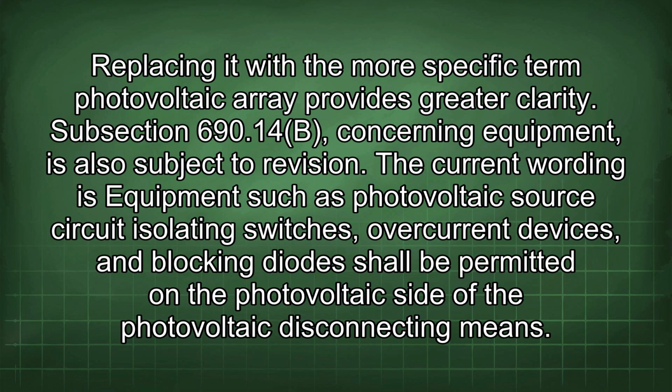Subsection 690.14(B) concerning equipment is also subject to revision. The current wording is equipment such as photovoltaic source circuit isolating switches, overcurrent devices, and blocking diodes shall be permitted on the photovoltaic side of the photovoltaic disconnecting means.